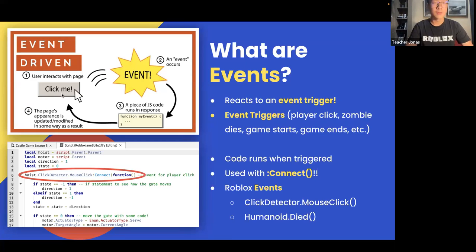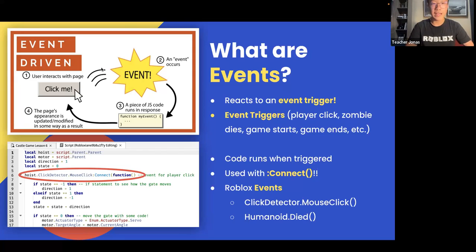So the first thing that runs the code is going to be when the user clicks the button, right? So the first thing is that the user or the player does something like clicking a button, or maybe stepping on something like the item giver, or pressing a button like spacebar, right?